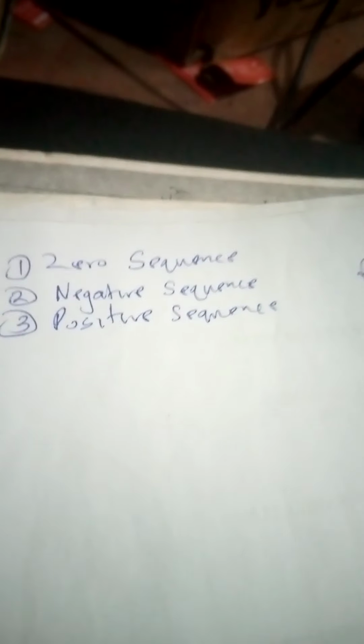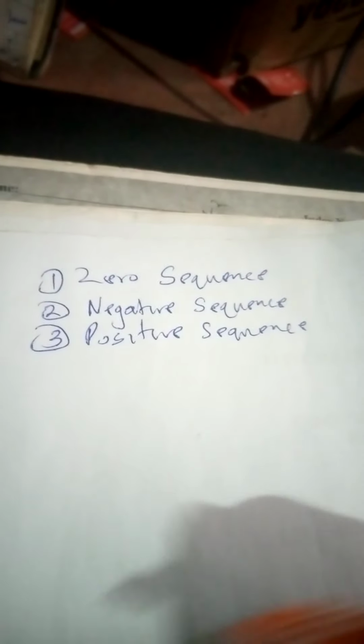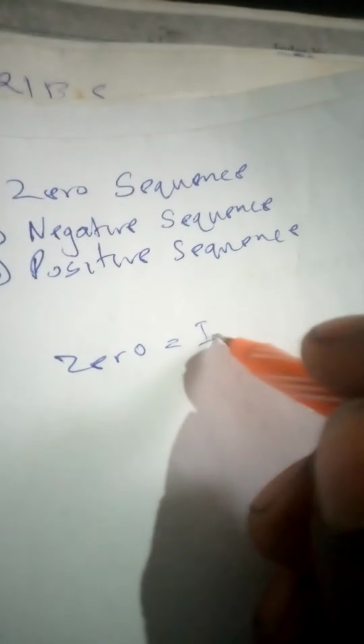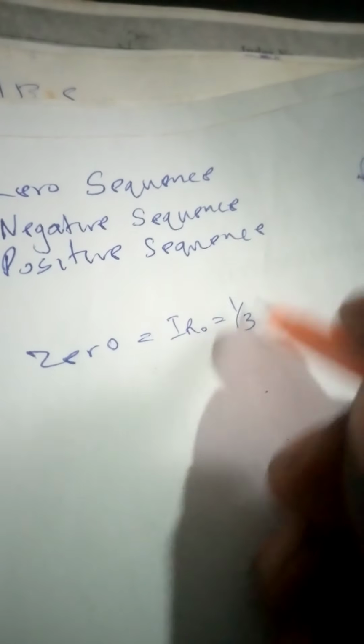Let's continue with our sequence components. In a three phase, we have a zero sequence, negative sequence, and a positive sequence. As well, you can see that the zero sequence is given by IR0 equals a third.